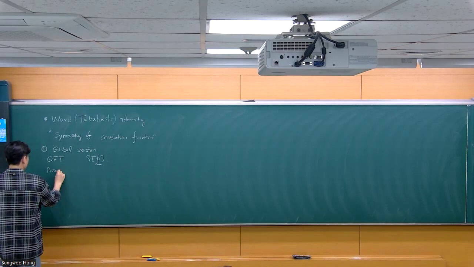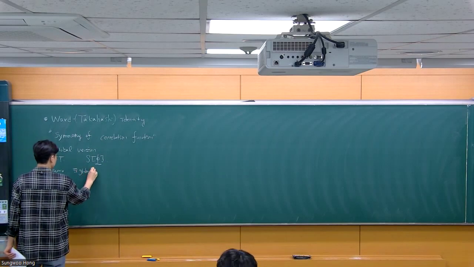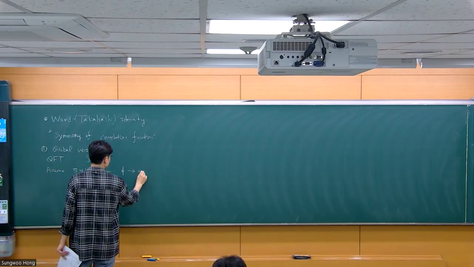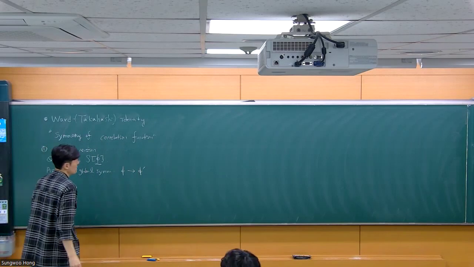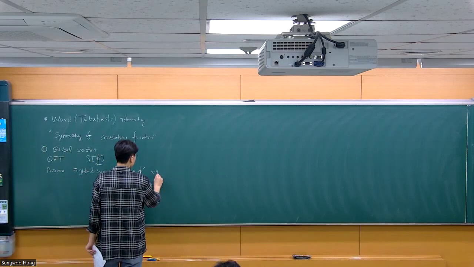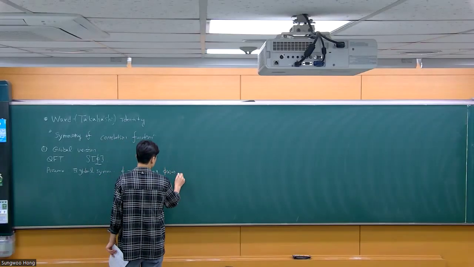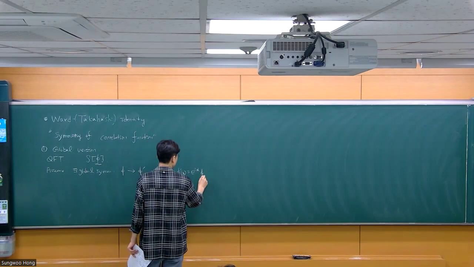Assume that there is a global symmetry transformation such that phi transforms as phi prime. A clean, easy example of this sort is phi of x goes to phi prime of x, which is e to the i alpha phi of x.